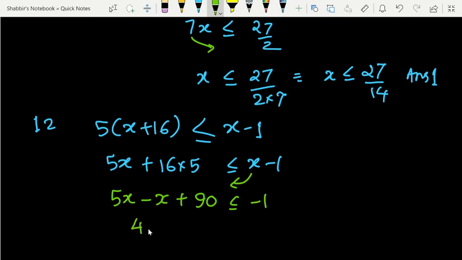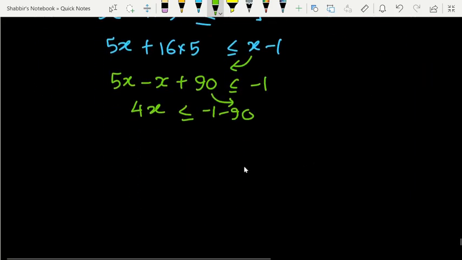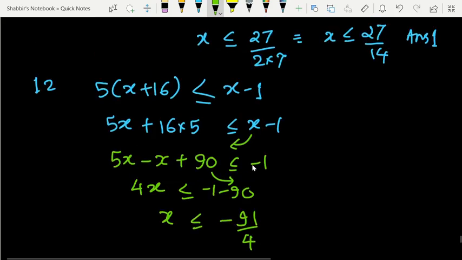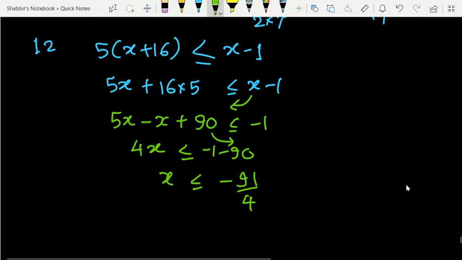Now this becomes 4x. 80 will shift to RHS. It becomes minus 80. x is less than equal to minus 81 by 4. Okay. So this is inequality 2, answer 2.